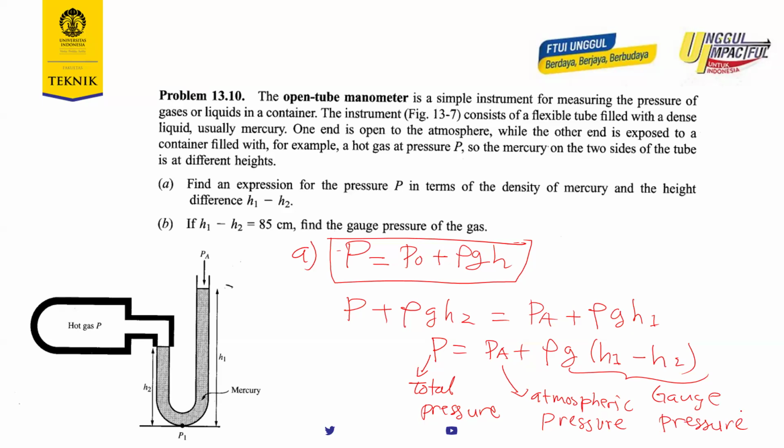Okay, then for the second problem, if H1 minus H2 is 85 centimeters, find the gauge pressure of the gas. So by this equation, we know that P minus PA is the gauge pressure. For problem B, the gauge pressure P minus PA is rho G (H1 minus H2), right?